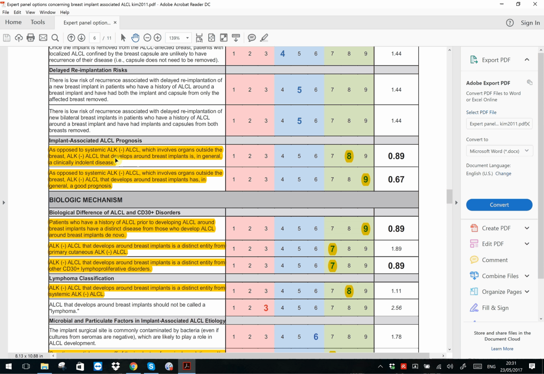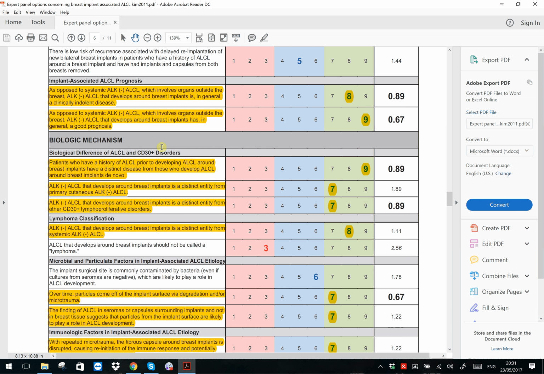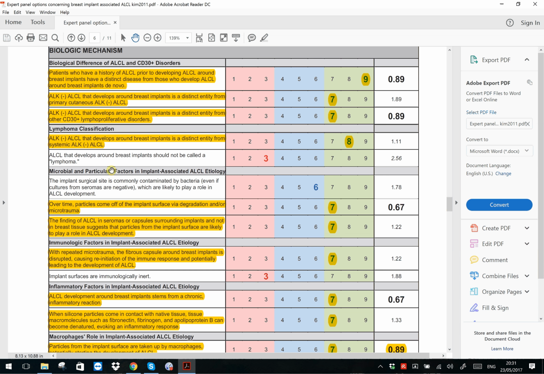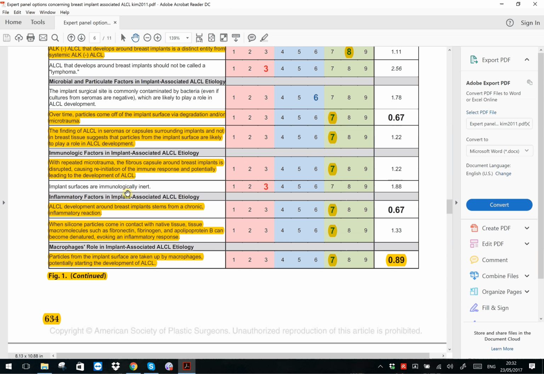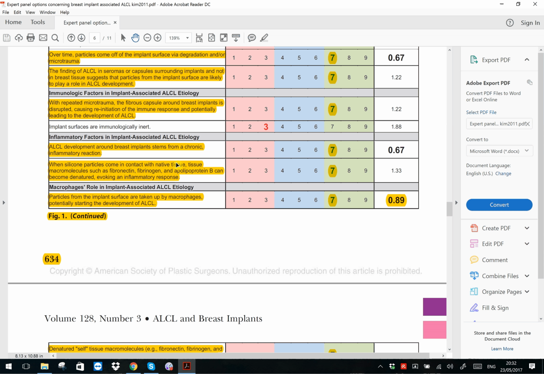And denatured self-tissue macromolecules like fibronectin and fibrinogen are taken up by macrophages, potentially starting the development of anaplastic large cell lymphoma. But it's not enough. There is a T cell role, hyperstimulation occurring adjacent to the implant surface, mutations in T cells, and findings of T cell gene rearrangements that suggest that anaplastic large cell lymphoma develops from an expanded T cell clone.